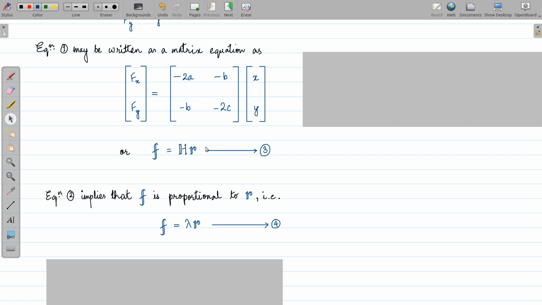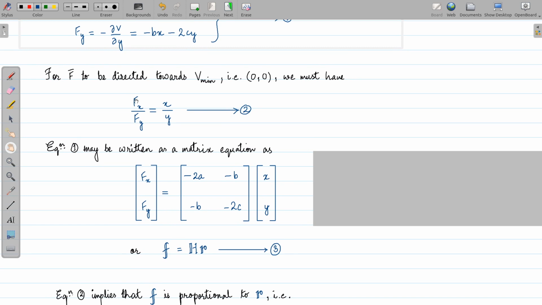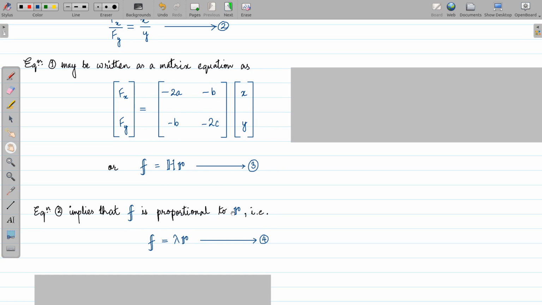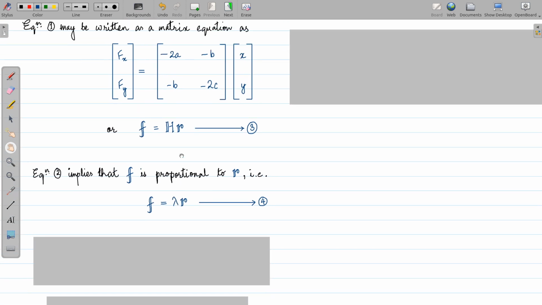Now equation number 2 implies that the x component of the force is proportional to the x coordinate, and the y component of the force is proportional to the y coordinate. Which means the force is proportional to its position vector. So F is equal to lambda R. At this point I'd like to make a prediction, because this lambda is going to turn out to be the eigenvalue.